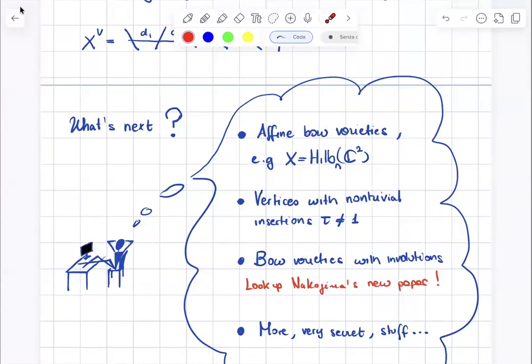I guess it's been advertised for a while, but now it's on the arXiv, and it introduces a specific involution on quiver varieties and in general on bow varieties that allows one to recover, in terms of them, Higgs and Coulomb branches in other types, in classical types B, C, D. So it gives a lead on what to do in type BCD. And this is yet another interesting example. And then we will see what else we will be able to do in the future.